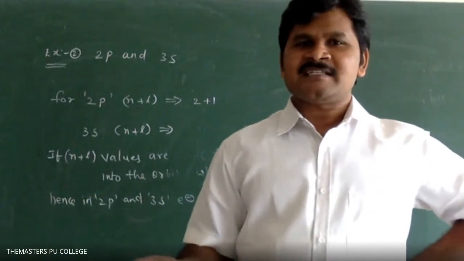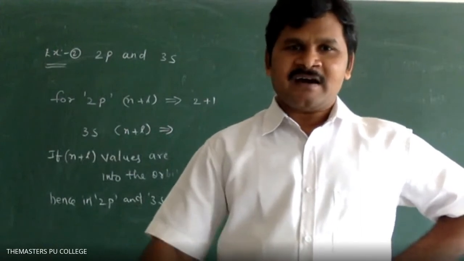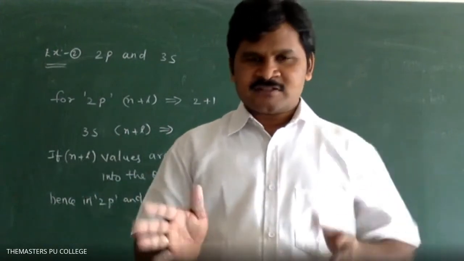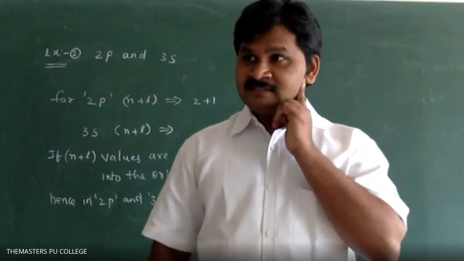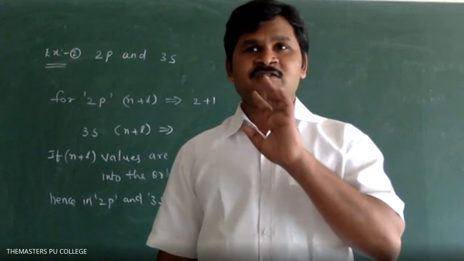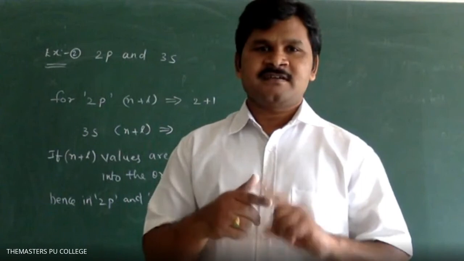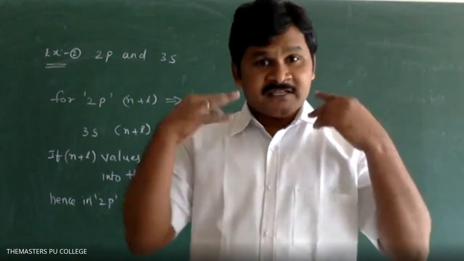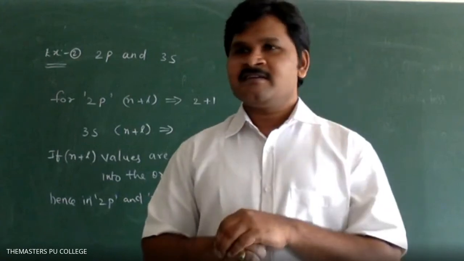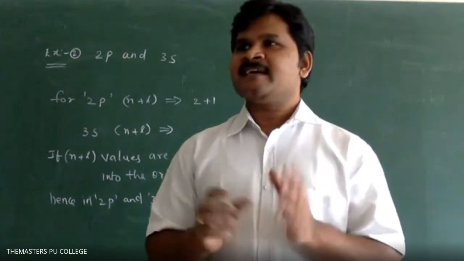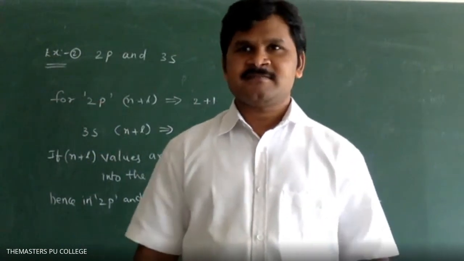In NEET or JEE, if your scores are tied, first priority they give to mathematics for JEE students. If the mathematics score is the same, they go to physics, next to chemistry. If these scores are also the same, next they go to the age factor. The one with the highest age gets the first rank. That generally happens. Clear?